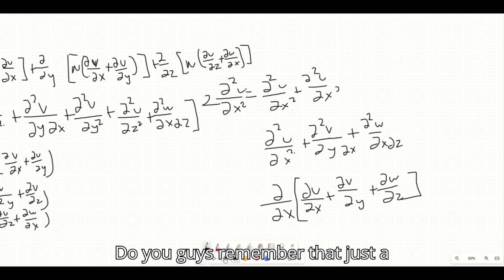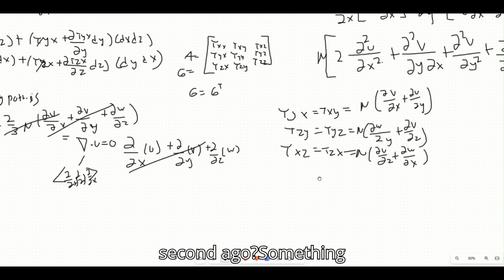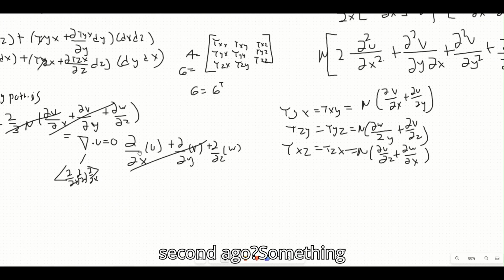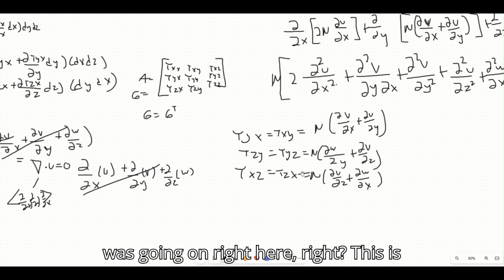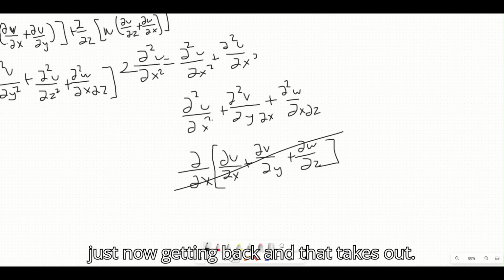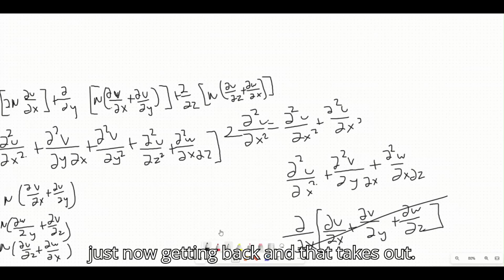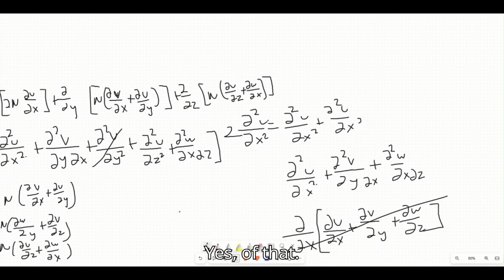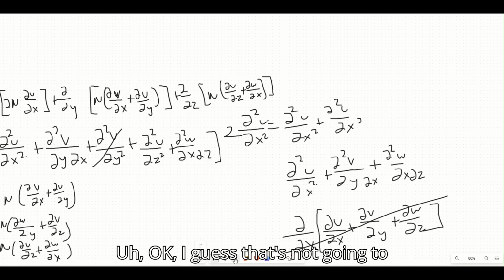You guys remember just a second ago something was going on over here, right? We're dealing with incompressible flow. I'm just gonna get rid of that. And that takes out this, oh, that. Oops, okay.